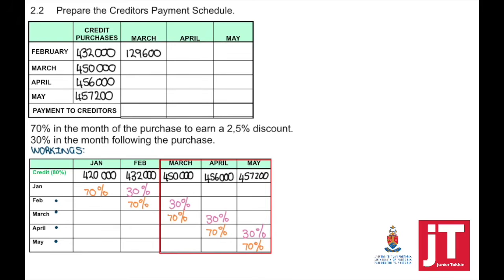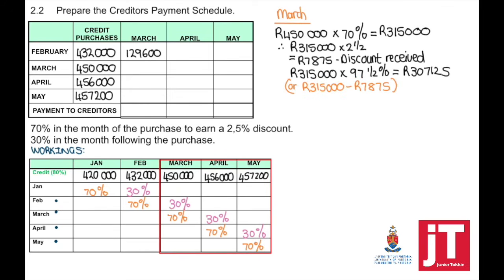So the same as when we did the debtors collection schedule, we first need to work out 70%, and then we say 2.5% is discount, which means 100 minus 2.5, 97.5% of the total expected payment to our creditors will be paid in that month.